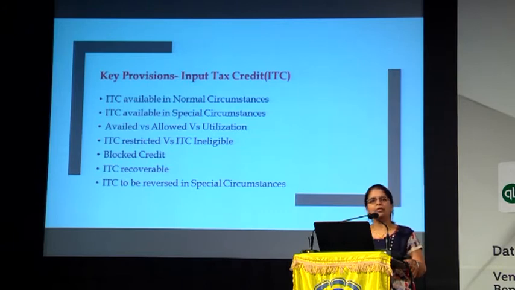So this is what the annual return is going to catch in one of the tables, that is table 8, where it captures the information on the basis of what your supplier has disclosed in his GSTR 1 and what you are taking as credit. If your supplier has not disclosed that information in his GSTR 1 and you have taken the credit, it will be shown as a negative amount.